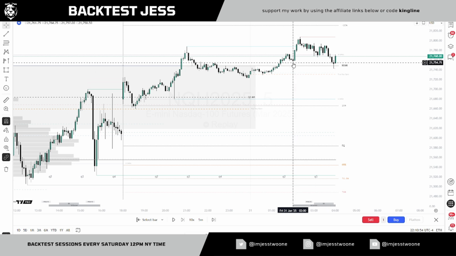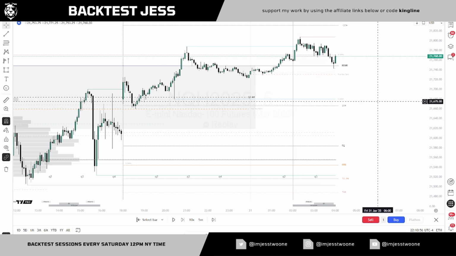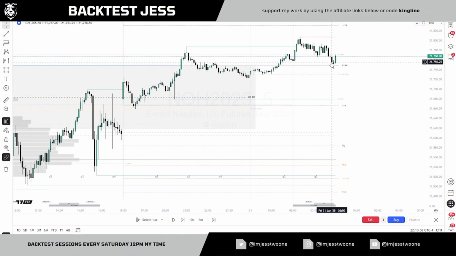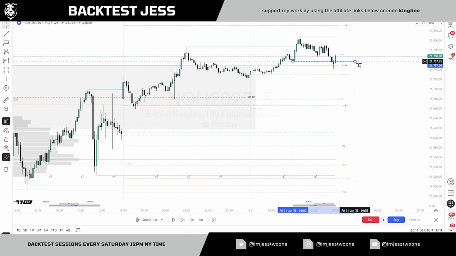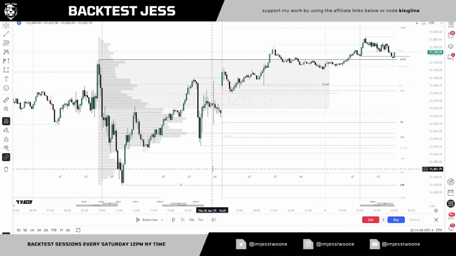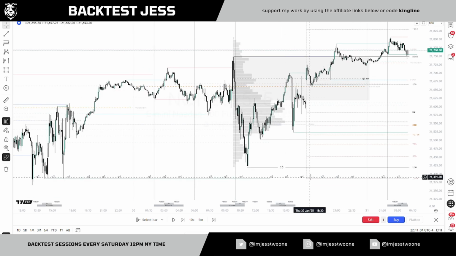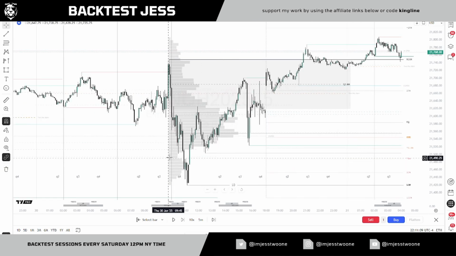Okay, no Q3 manipulation here. Doesn't close in Q3. Oh wait, yes it does. Here. Okay, hold on. This was previous day low.